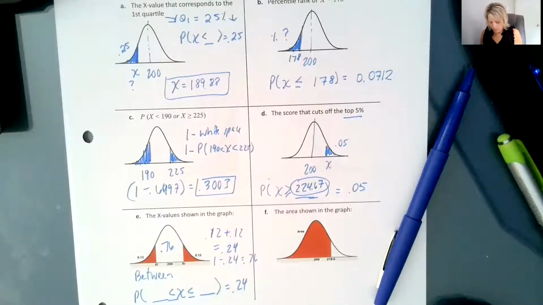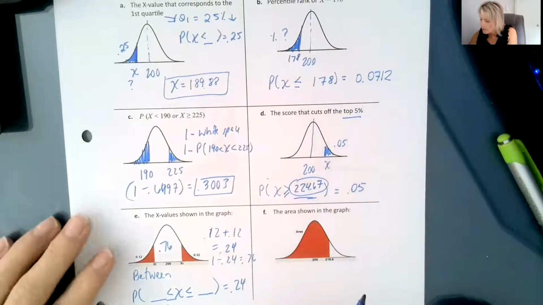So the last one, letter F, says the area shown in the graph.